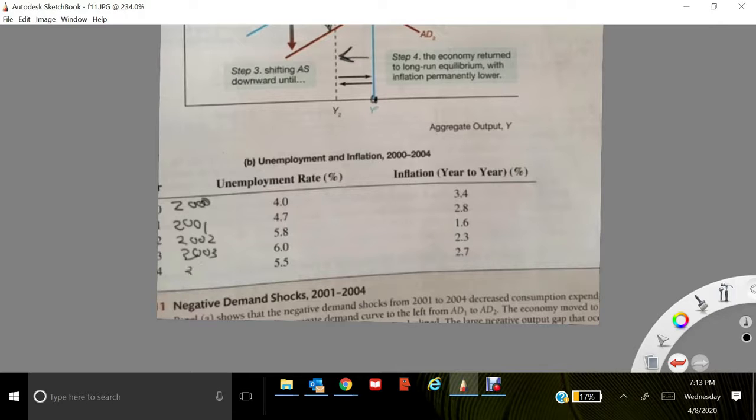2003, 2004. The shift down of the demand curve caused output to fall, which means the unemployment rate would be increasing, and so we see here higher unemployment, and we saw inflation decreasing.